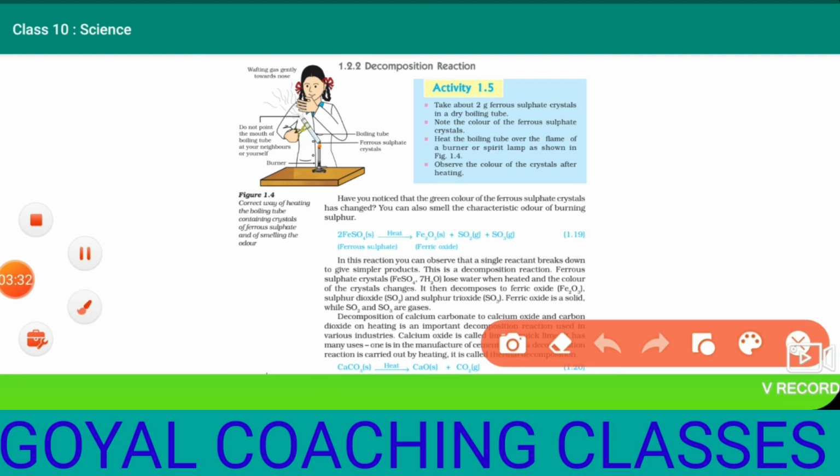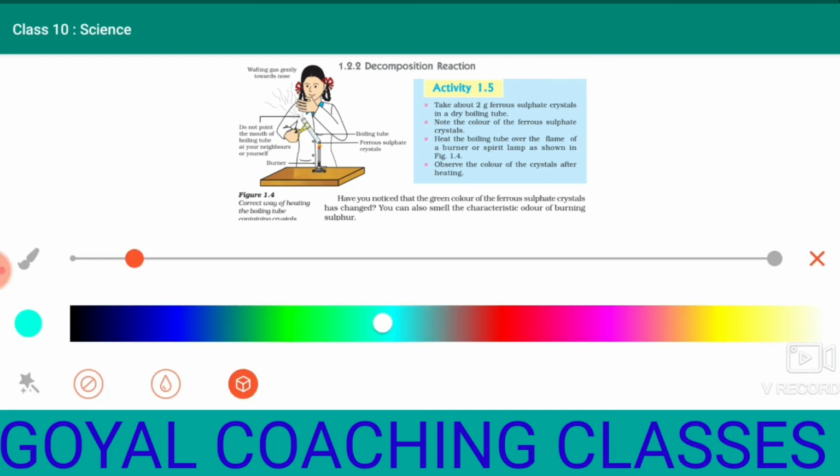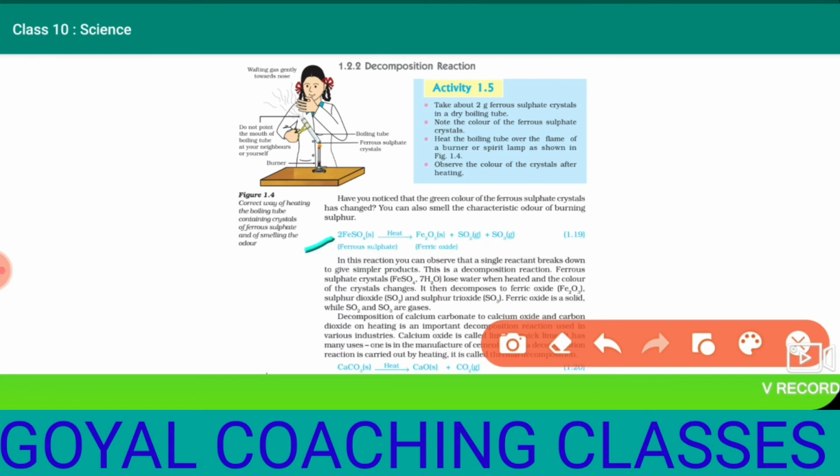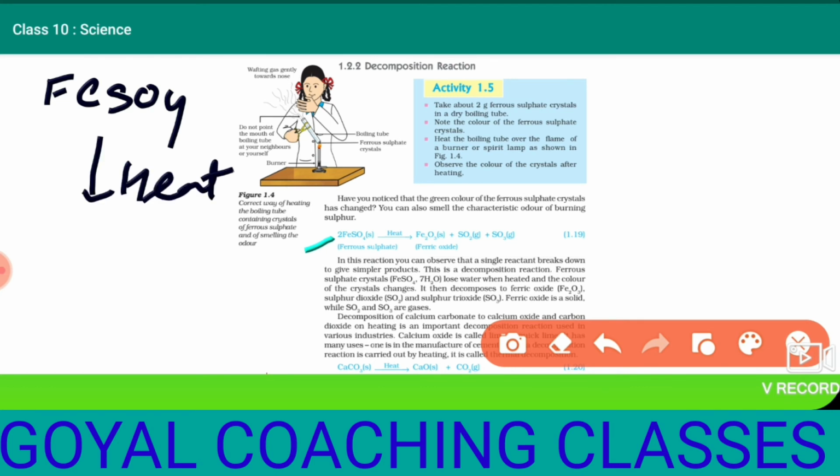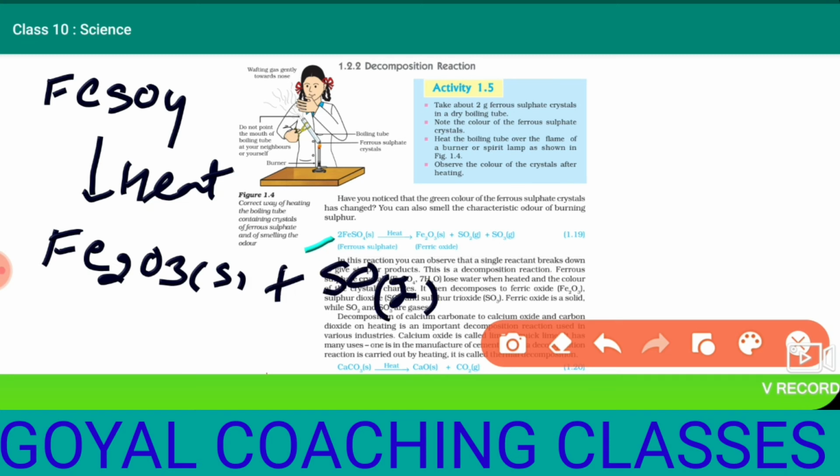What are they heating? They are heating the anhydrous ferrous sulfate, means FeSO4. And after heating, what are we getting? We are getting Fe2O3 solid plus SO2 gas plus SO3 gas.